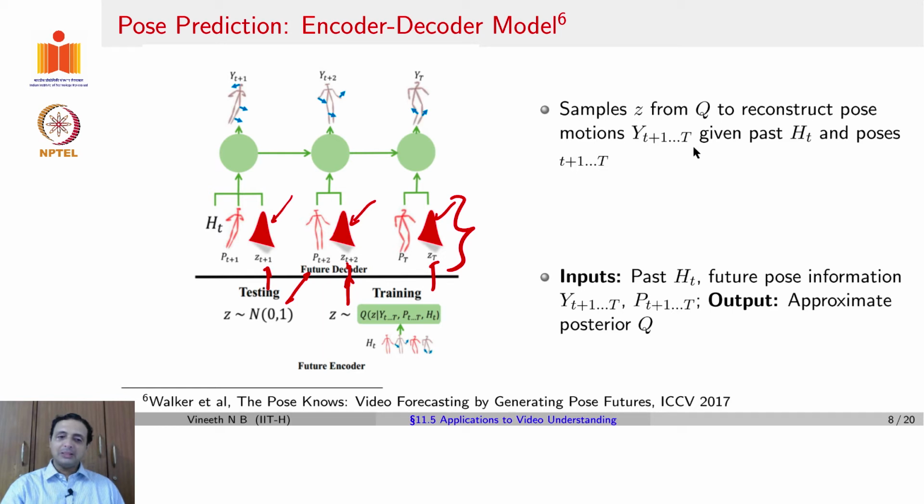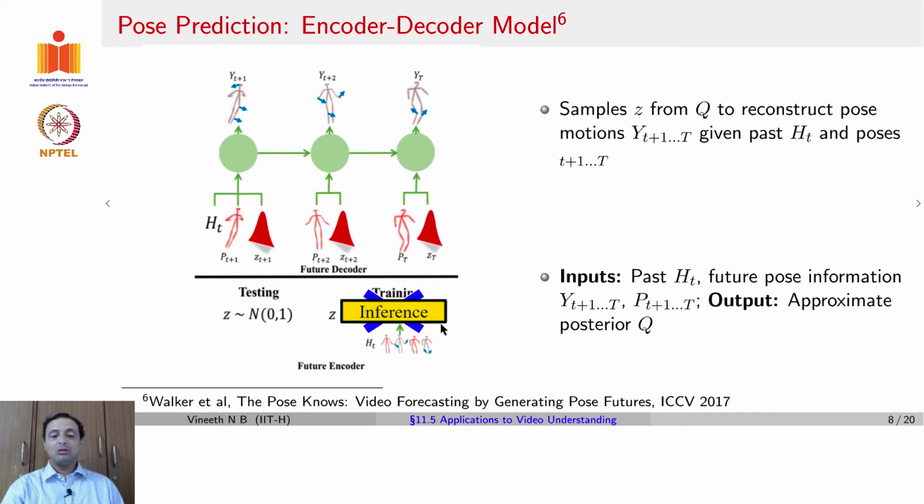Now, what happens once you train such a VAE? Like any other VAE, the encoder is not used at inference. You only sample from the prior and then let the future decoder predict how the pose will look given until a particular time ht, small t, which is given by ht here.